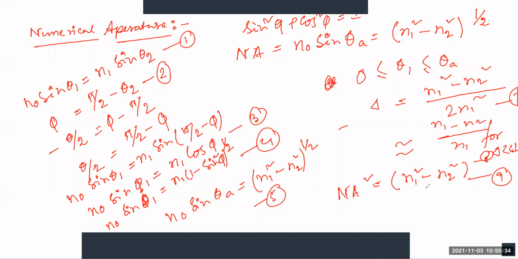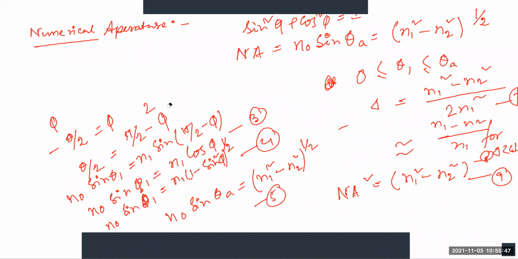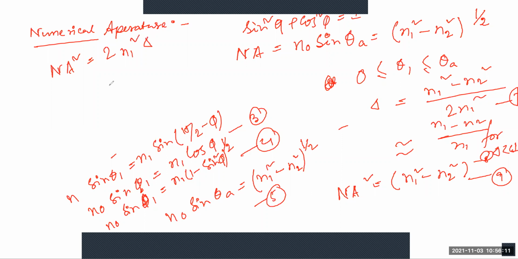So in that case, we will get NA square equal to 2 n1 square del.